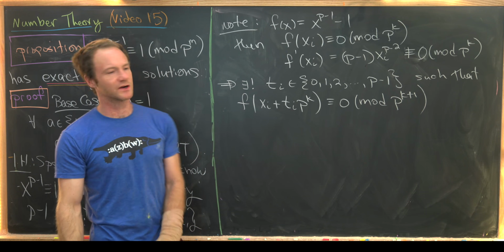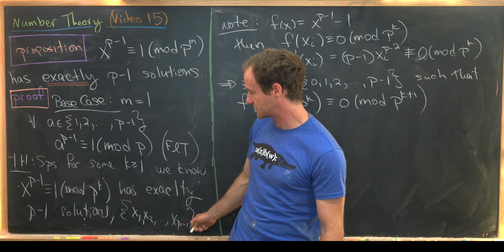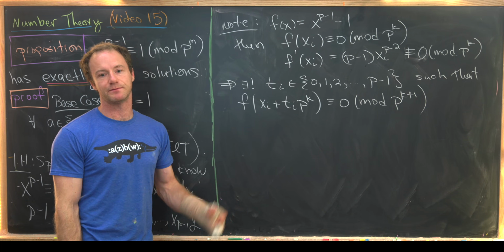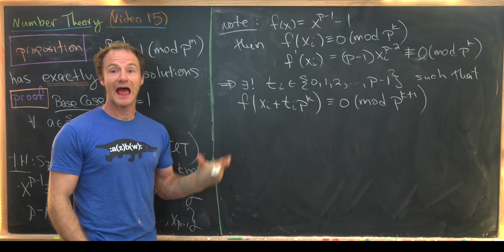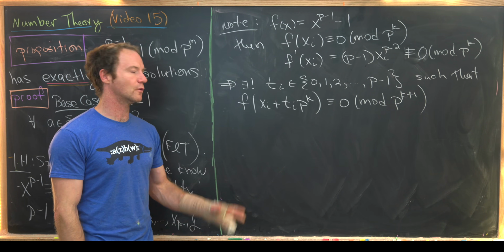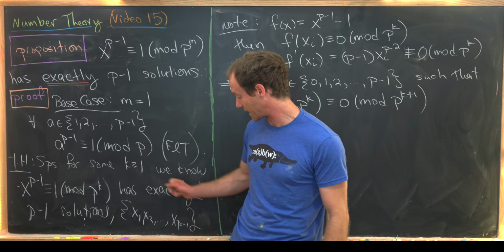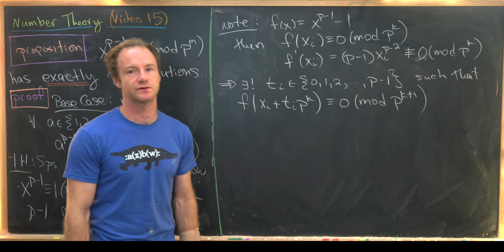So what happened here is we took our solutions mod p to the k and boosted them to solutions mod p to the k plus 1. And how many solutions do we have so far? Well, we have at least as many solutions as we started with down here. We have at least p minus 1 solutions.